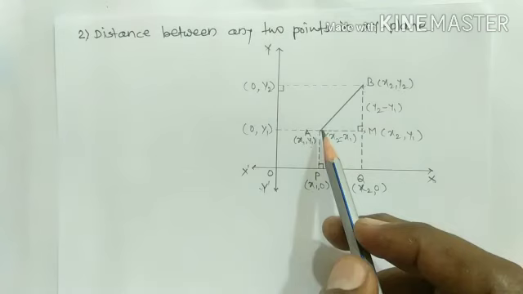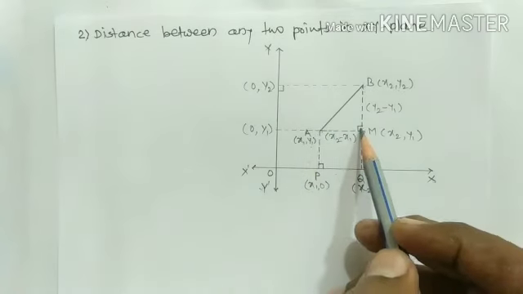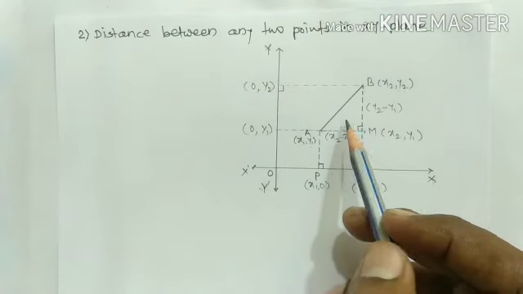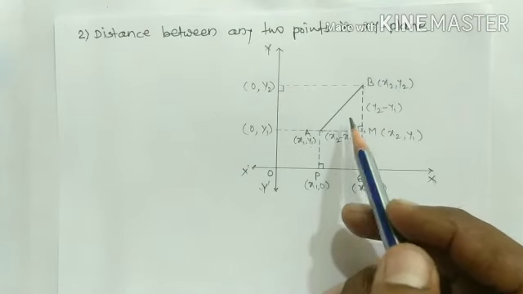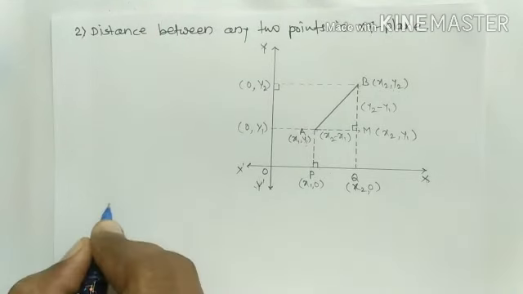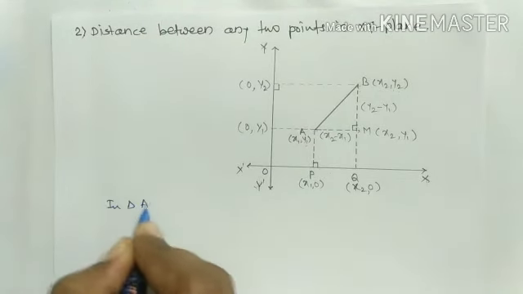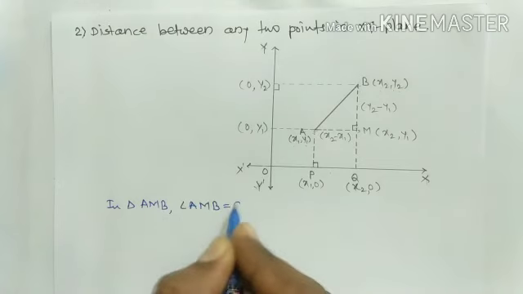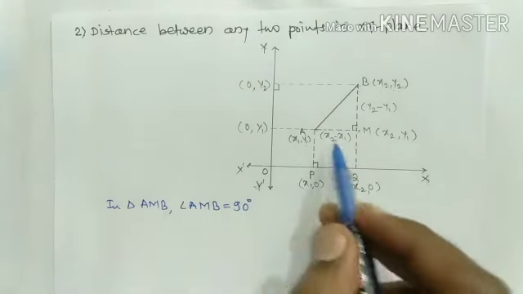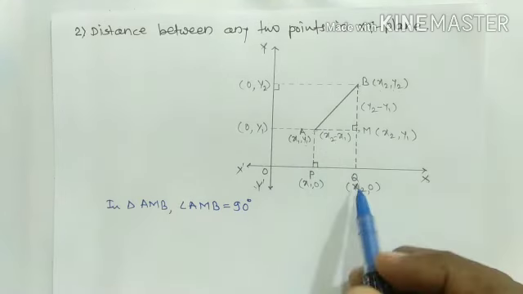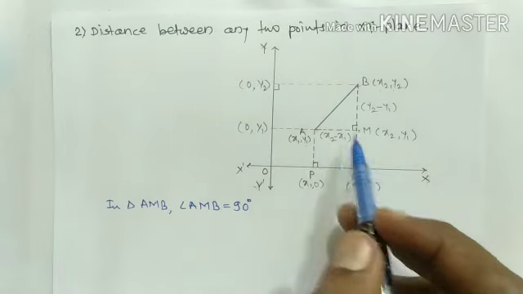Now in triangle AMB, angle AMB equals 90 degrees, that is, it is a right angle triangle, so we can use the Pythagoras theorem here. Draw AP perpendicular to x axis, draw BQ perpendicular to x axis.